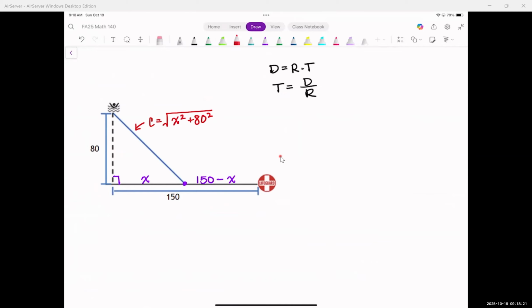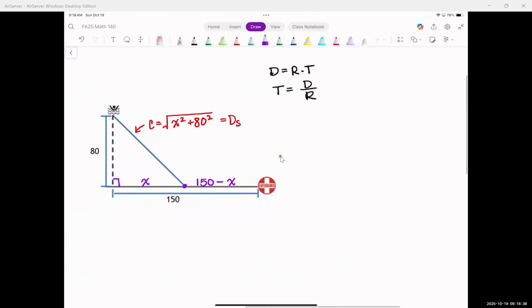Again, the hypotenuse of the triangle is the distance that Martin's going to swim, and the length along the beach is the distance that Martin's going to run. We also know Martin's rate at which he runs is 6 feet per second, and his rate at which he swims is 4 feet per second.